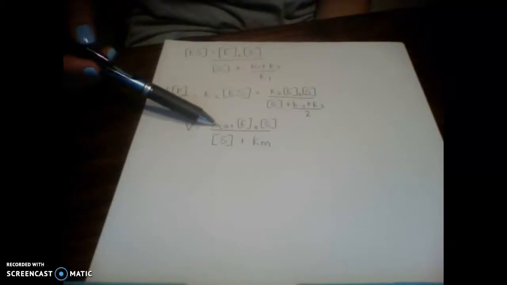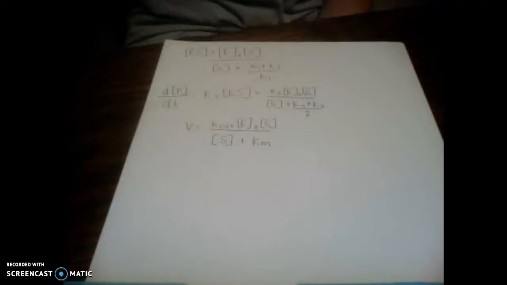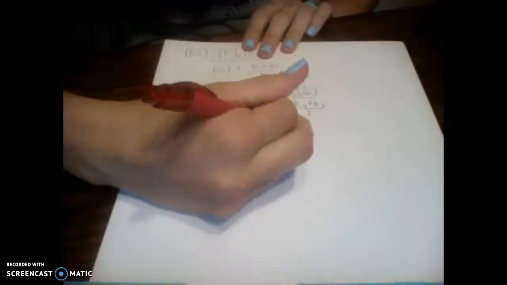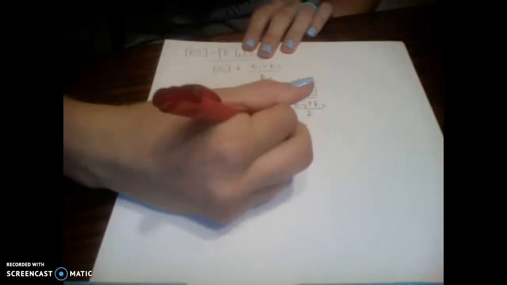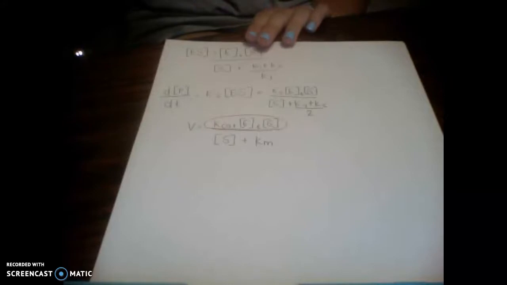All right, and then we've also got this whole numerator. So this whole section right here. All right. So let's consider how else could we further condense this equation.